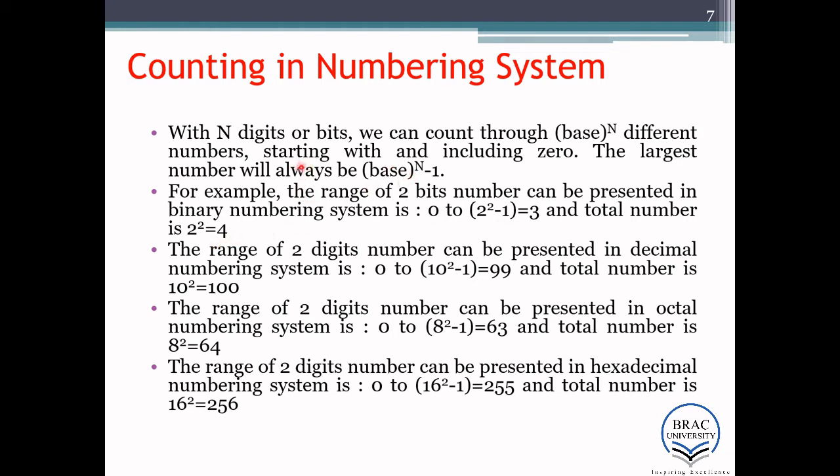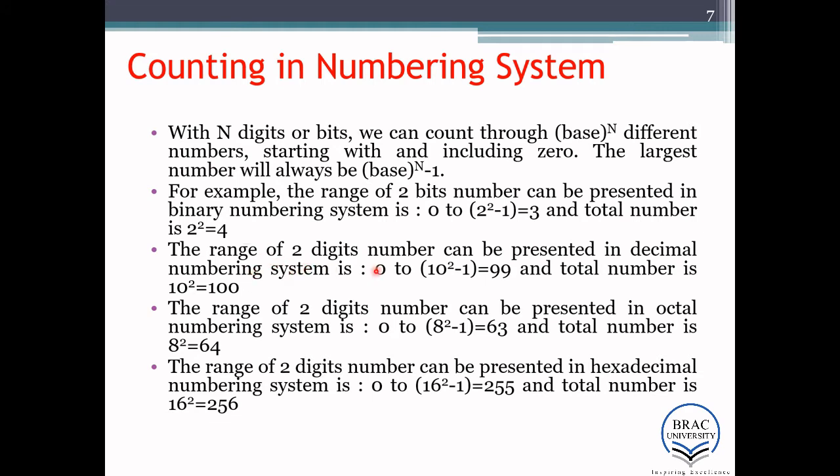So for any bit number, it can be represented like 2 to the power n minus 1, like base to the power n minus 1, right? So for a 2-bit number it is 0 to 3 and total number is 4.